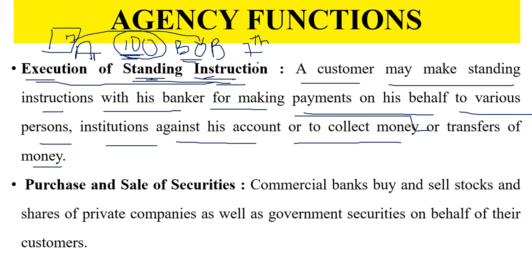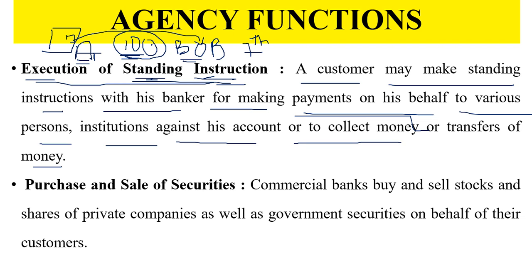Okay, on every 7th of every month, the Bank of Baroda should transfer the salary to these 100 employees in the particular account. So in this way, the bank is acting as an agent for Mr. A, and it is acting as an agent to the 100 employees also, because the bank has got instructions from its customer to credit the salary to the 100 employees.